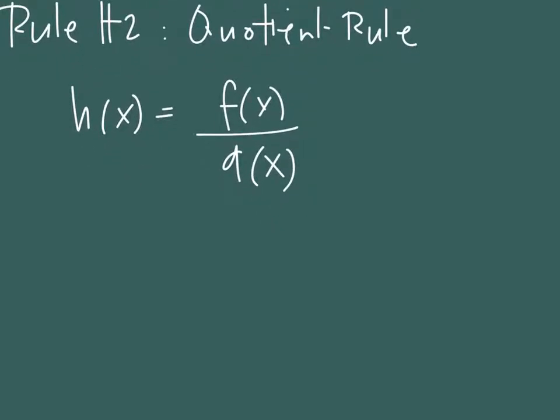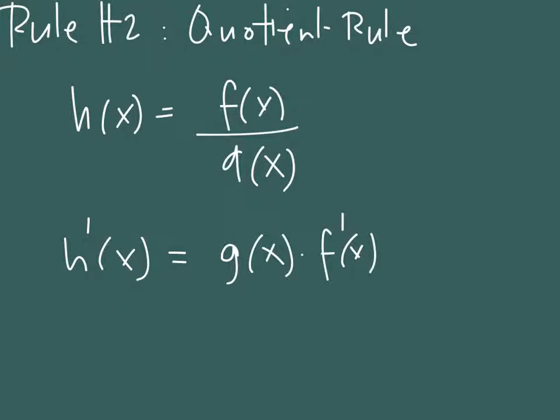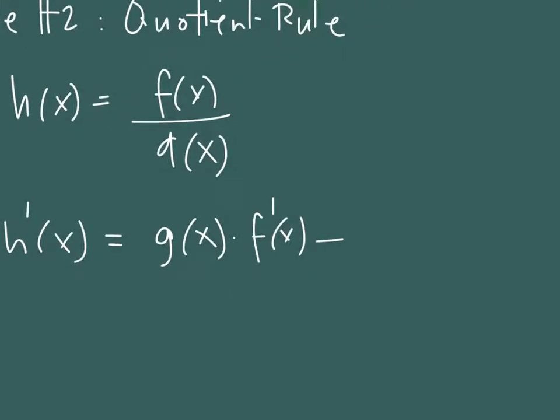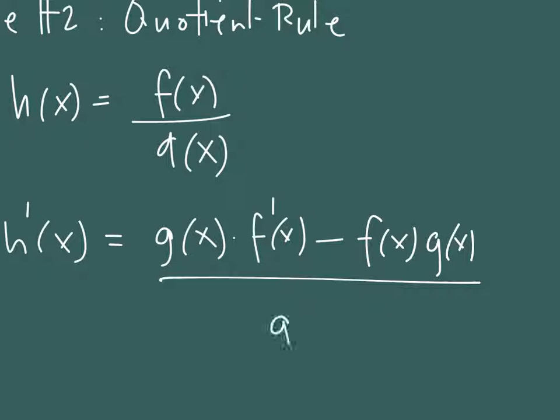Okay, h prime of x in this case is g of x times f prime of x minus f of x times g prime of x, all over g of x raised to 2 or squared.